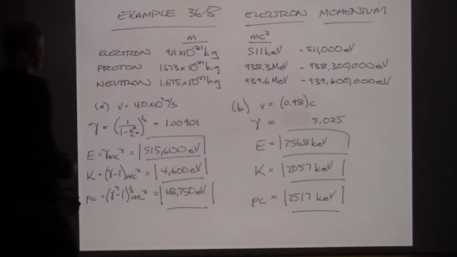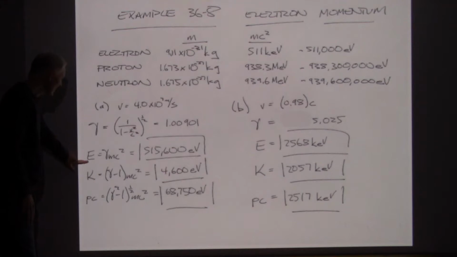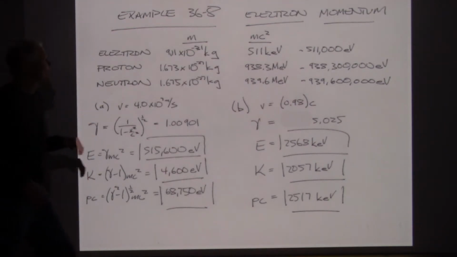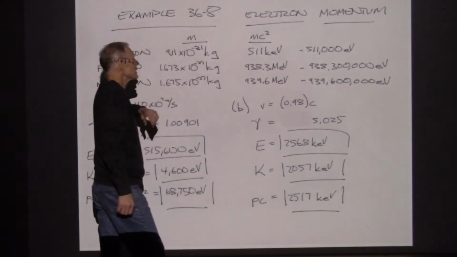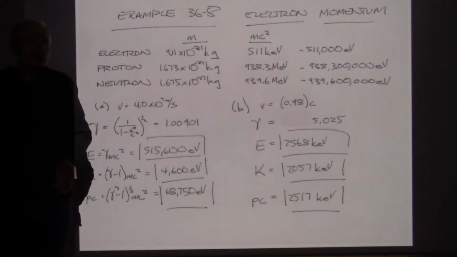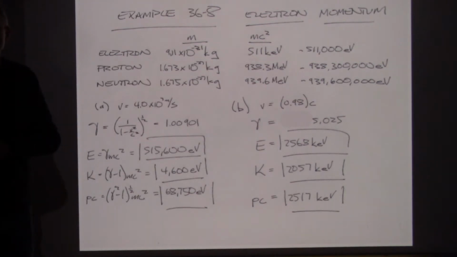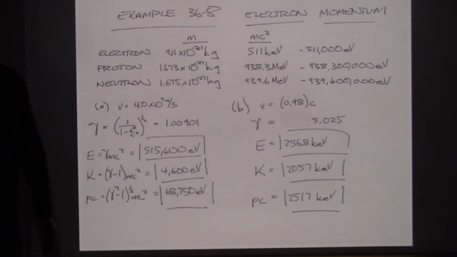But the idea is to measure E, K, kinetic energy, momentum, and mass, all in the same units. Then we don't ever have to go through any units conversions. We can use these formulas. Everything's already in the same units, so units conversion is not an issue.